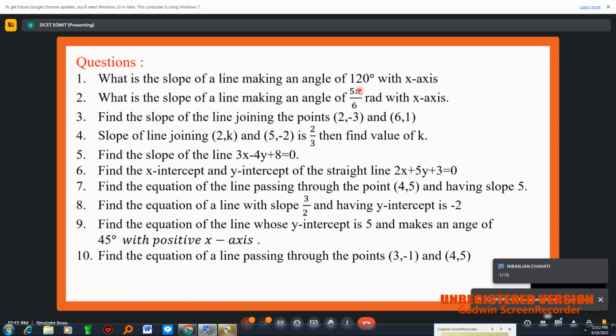Good. So first convert this into degree. That is 5 into 180 divided by 6, so you will get 150. Then tan 150 is nothing but minus 1 by root 3.